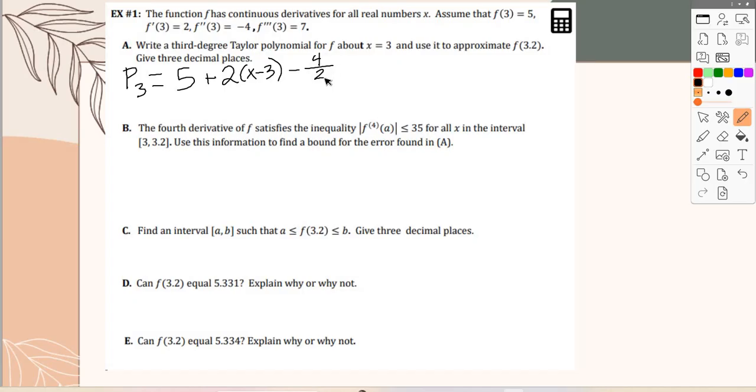And again, this time I have x minus 3 to the second power. And then our last term, I have plus my third derivative at 3, so 7 divided by 3 factorial, which is going to be 6 times x minus 3 to the third power.